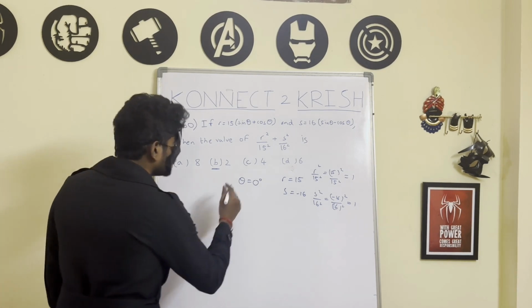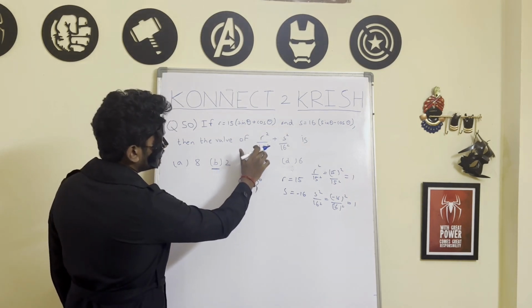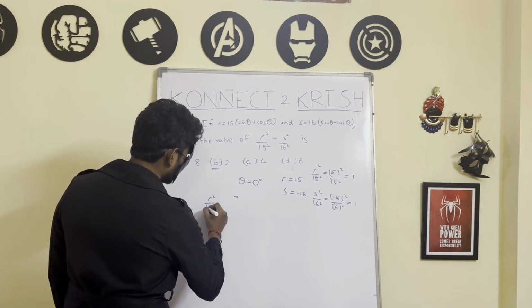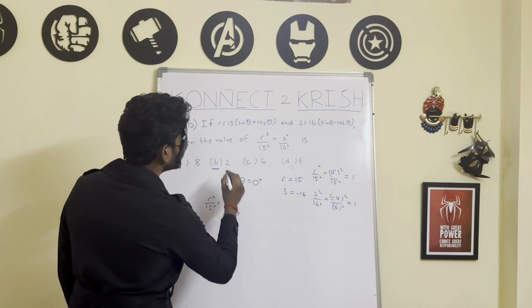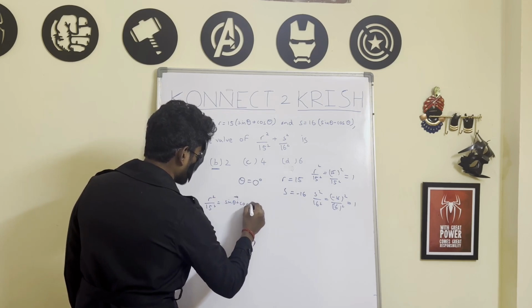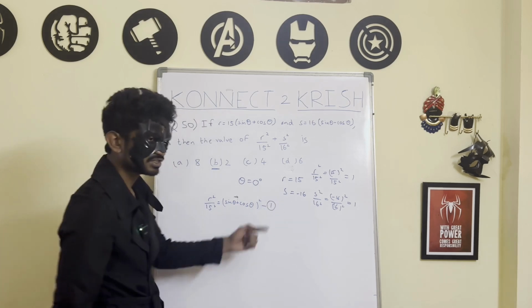We already know that he is asking us to find the value of R square by 15 square plus S square by 16 square. Let me find it from these equations. R square by 15 square is nothing but (sin theta plus cos theta) whole square. Let me consider it as equation 1.